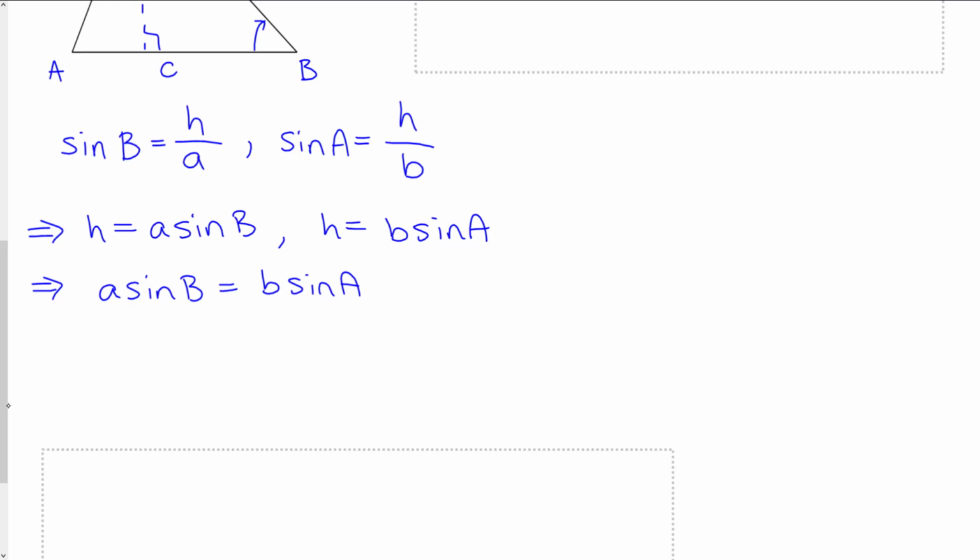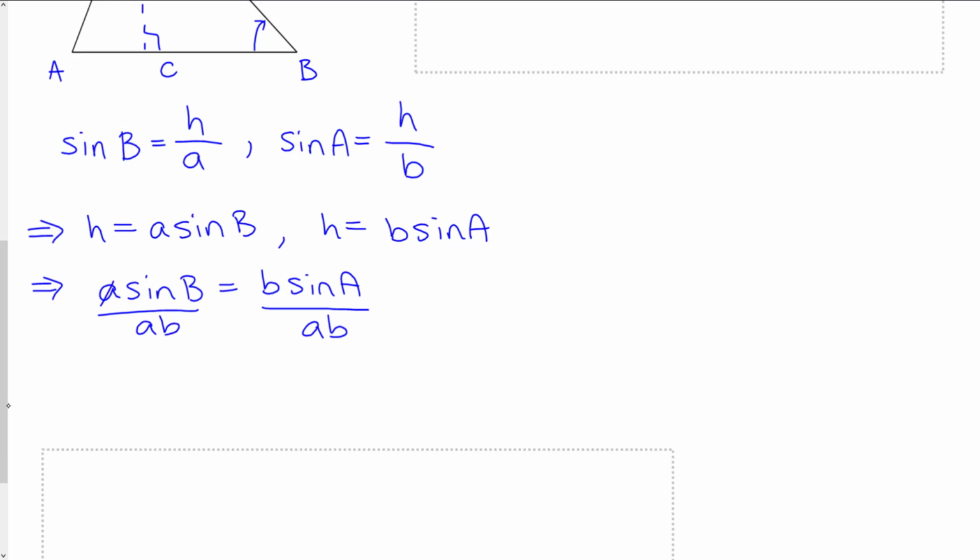And what I could do then is divide both sides either by the sines, or I could divide by the lengths of the sides. It doesn't matter. I'm going to divide both sides by a first, and then I'll divide both sides by b.